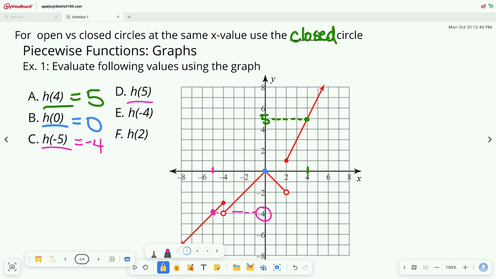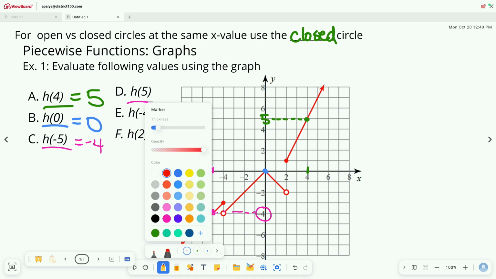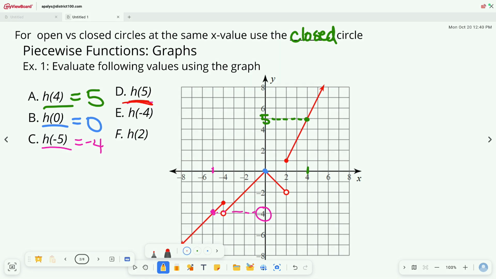There we go. Where x equals 5, y equals 7.